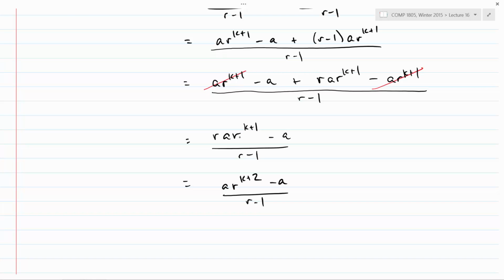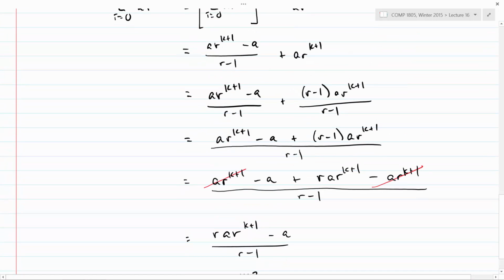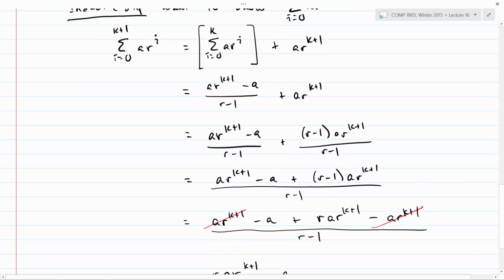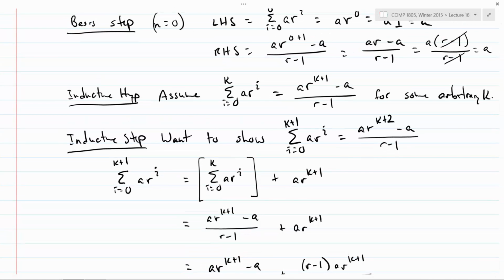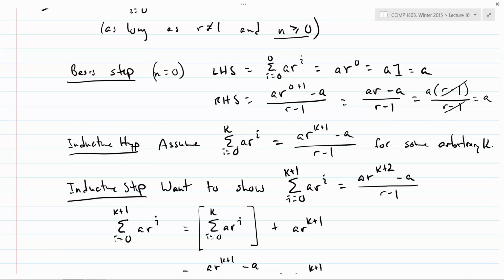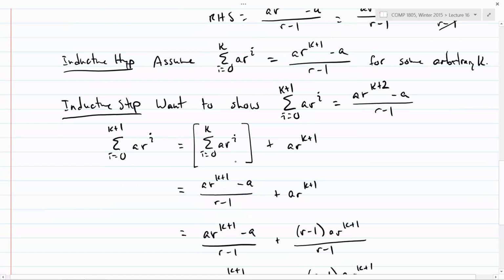Yeah? On the right-hand side, where did that summation? What summation? At the induction step, at the start of the induction. This right here? No. This over here? No, down. This one here?